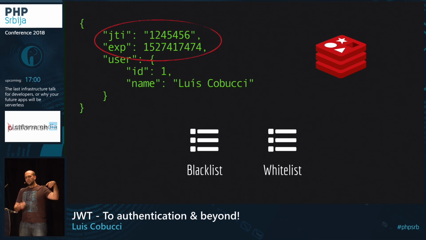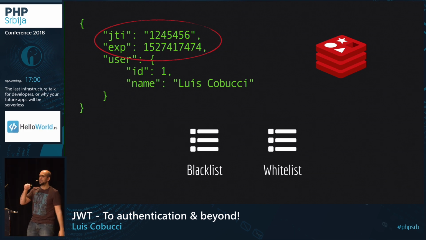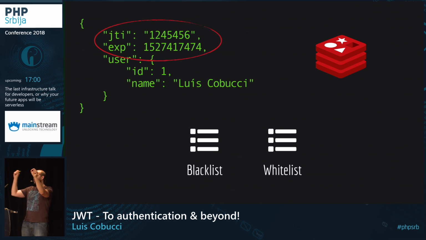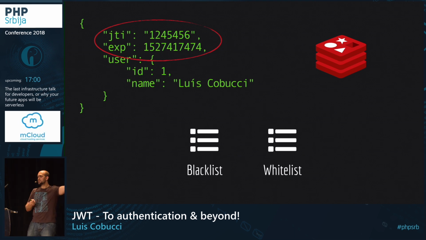So every time you issue a token, you're going to add it to the whitelist. Possibly, depending on your needs, you're going to say the token with this specific ID issued for this specific user. And depending on the storage system you're using, you can use wildcards to fetch that and remove from the whitelist.